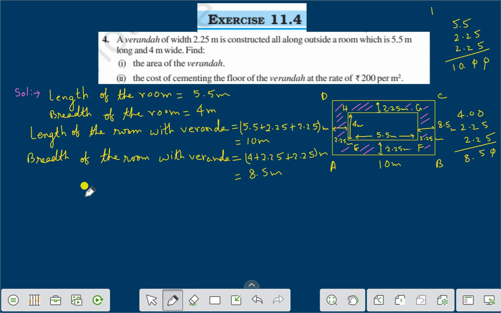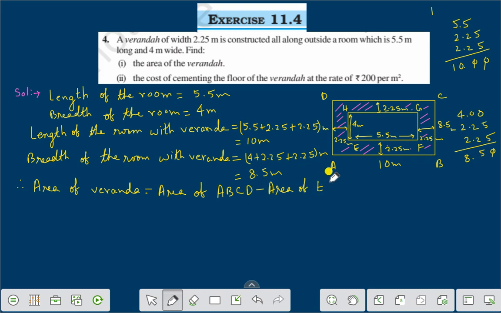Therefore area of veranda is equal to area of ABCD minus area of EFGH.